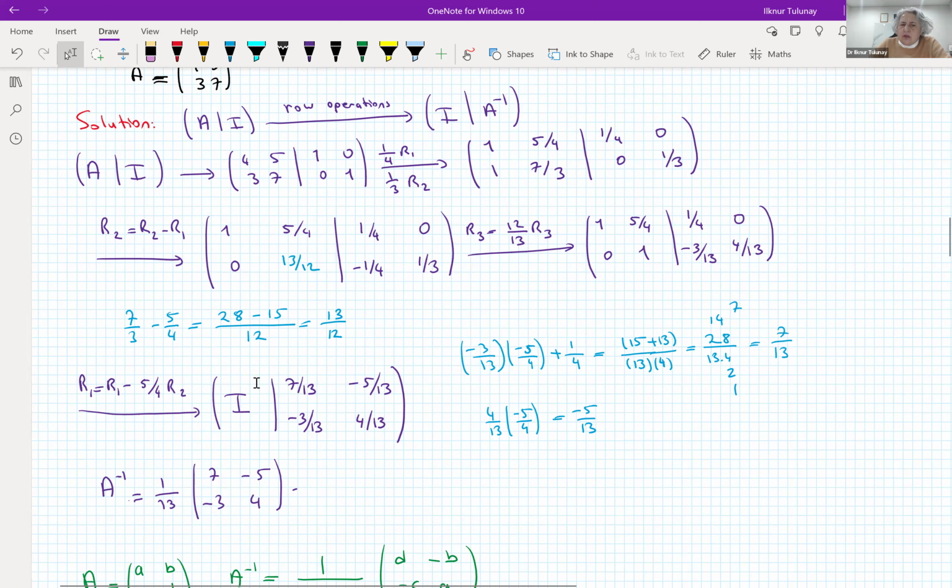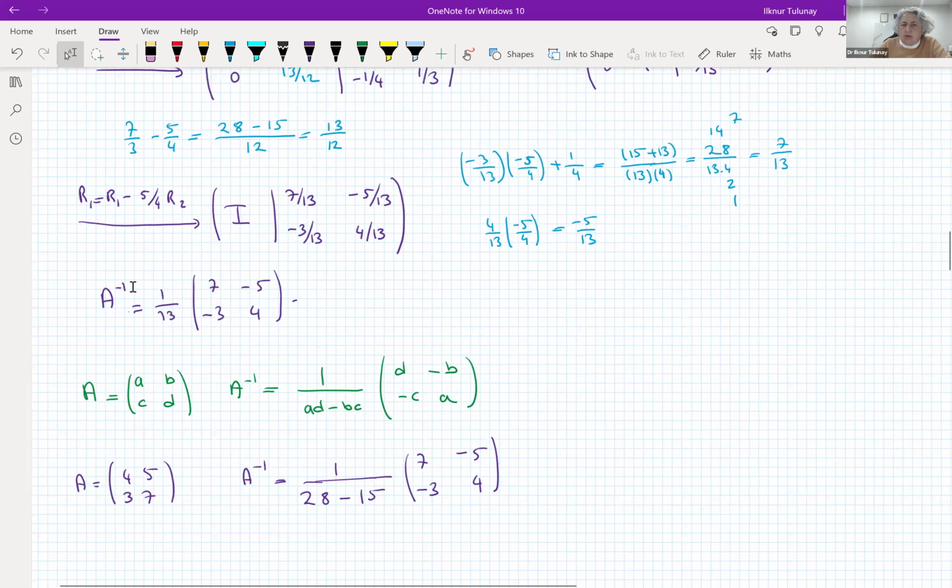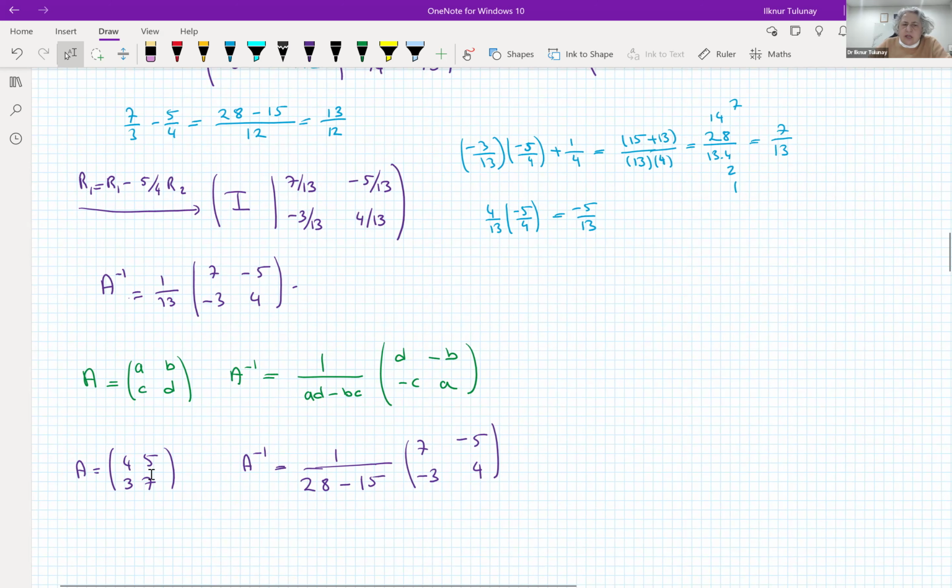We have the identity on this part, 1 0 0 1, and on the right-hand side, we have A inverse, as I explained here. That's A inverse. If you check it with the formula, you would find the same result. That times this will be 4 times 7 is 28, -3 times -5 is 15.